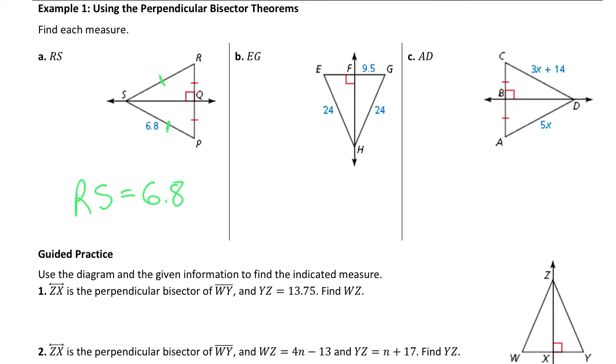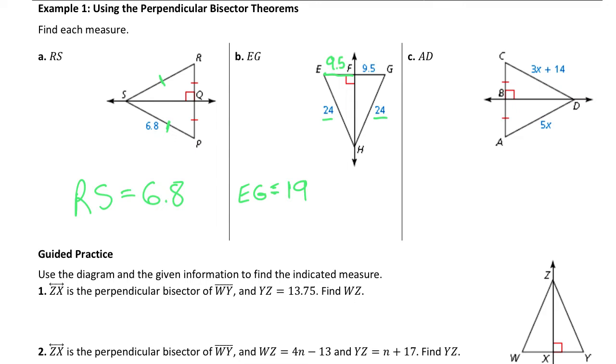HF is a perpendicular bisector of EG because H is the same distance from E as it is from G, meaning this segment EF is 9.5, but I asked for EG, so EG is really 9.5 plus 9.5, which is 19. So EG is 19.